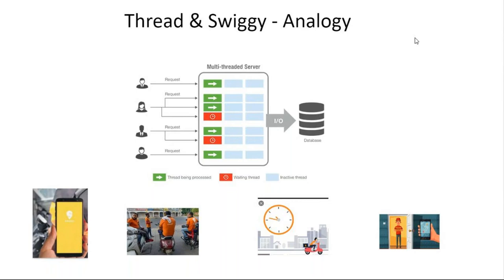So what Swiggy will do is they will just employ say 10 or 20 people in the peak hours, and maybe in the non-peak hours they will have just 4 or 5, right? More of a part time. That's how they handle the peak hour request and the non-peak hour request. Okay, so that's a typical life cycle of a Swiggy delivery channel.